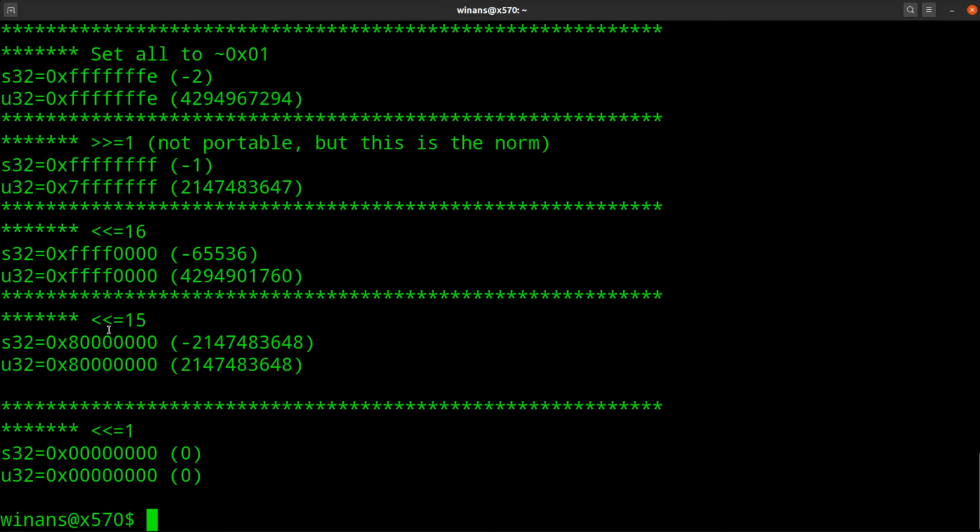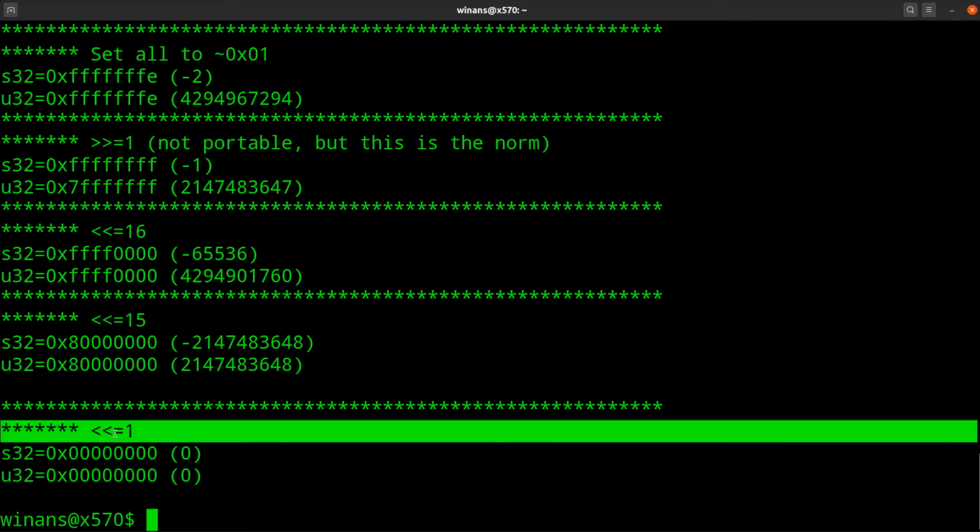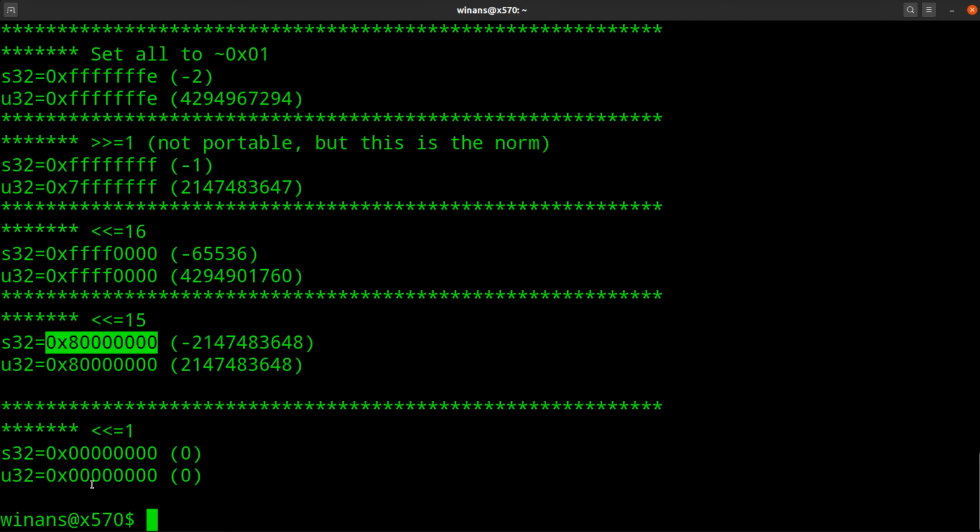Okay? And if I move it left one more time, any bit that remains up here has to be thrown away. Okay? Now, the only reason all these bits are on here is because I started with so many on. Right? It doesn't matter. It doesn't mean that you're going to shift something and you're going to get a 1 over here. No, it means whatever used to be over here is going to be moved to the left.